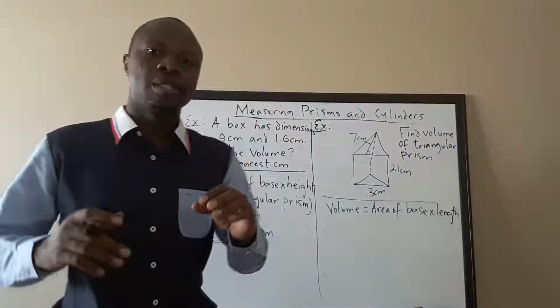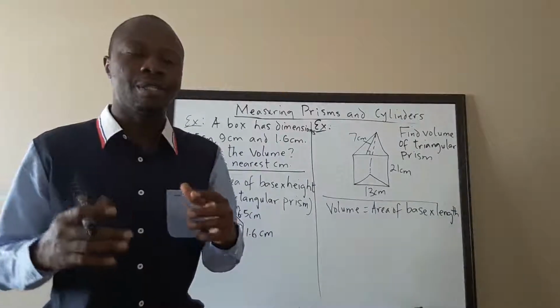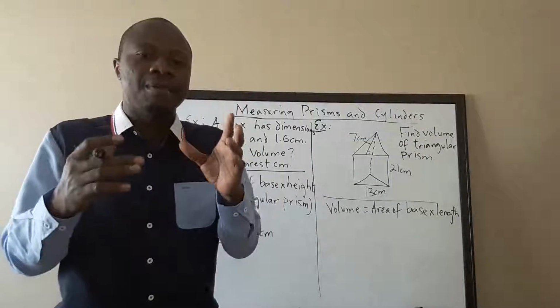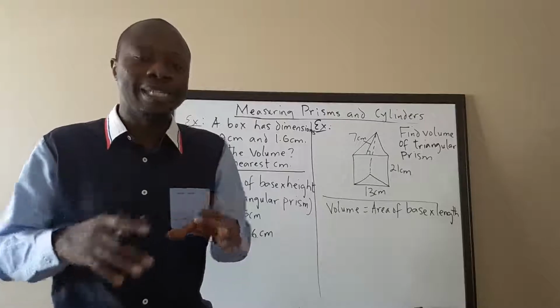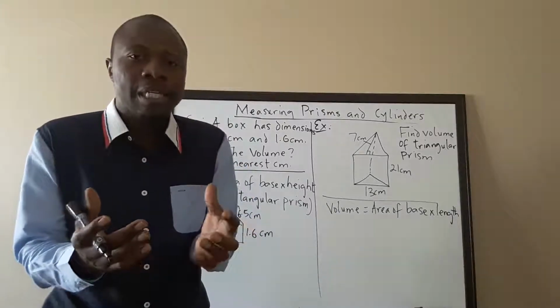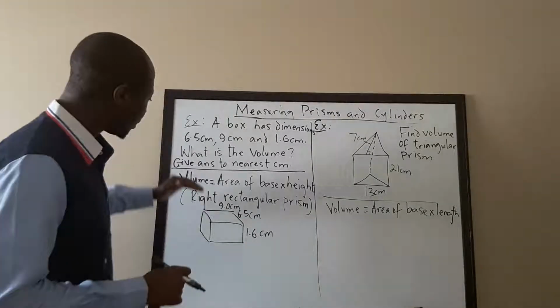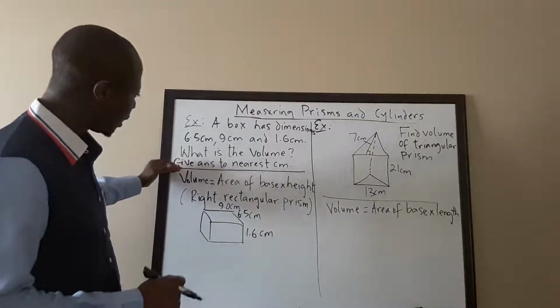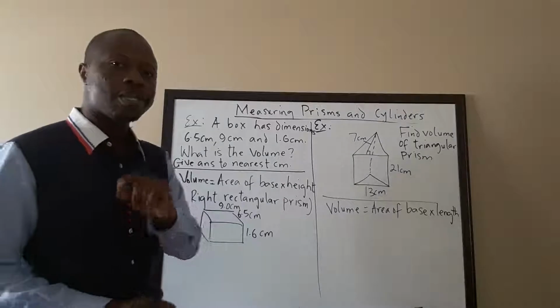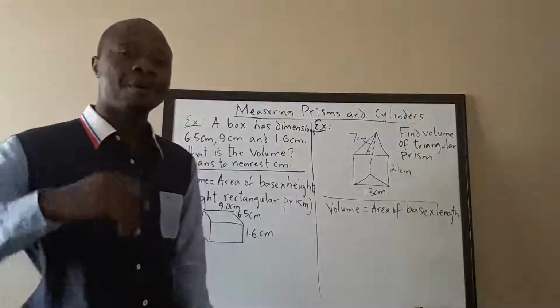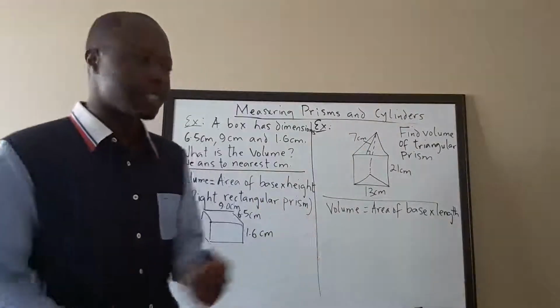Now remember, the volume has to do with figuring out or calculating the amount of space the interior of the shape has. So I'm just starting my solution from here. Like we said earlier on, you need to know the appropriate formula for the question that you're dealing with.